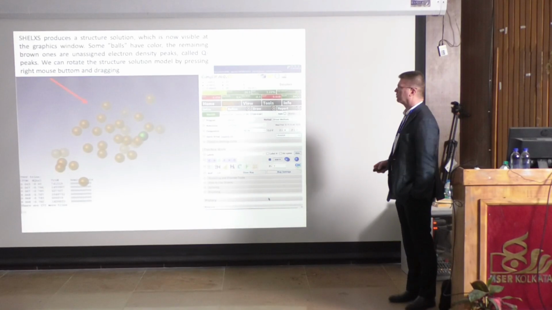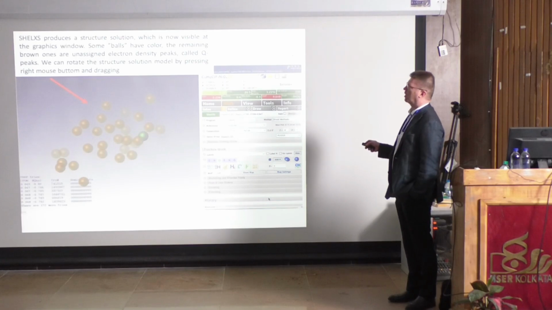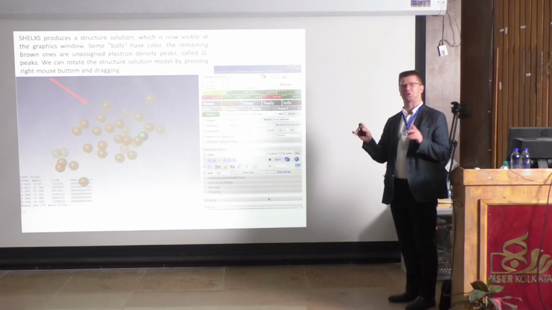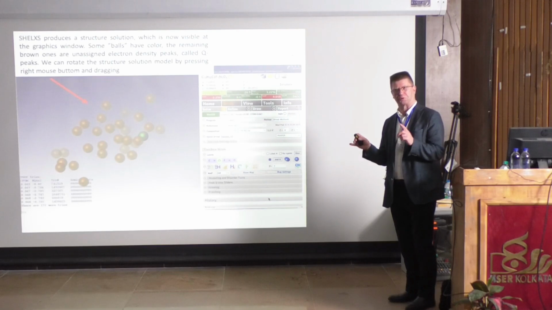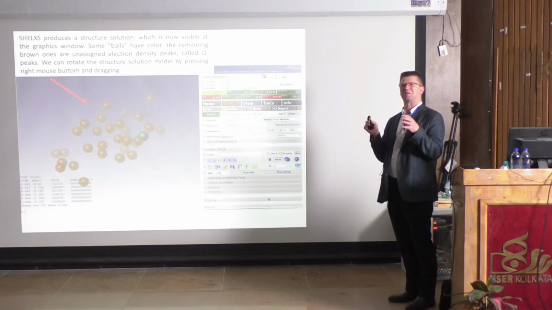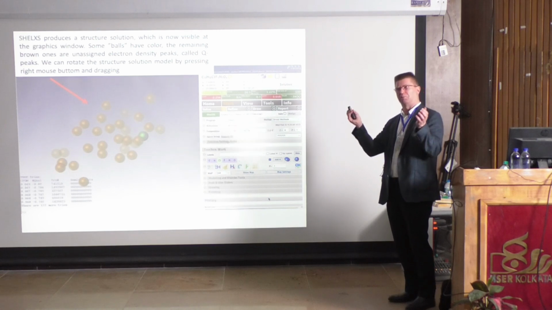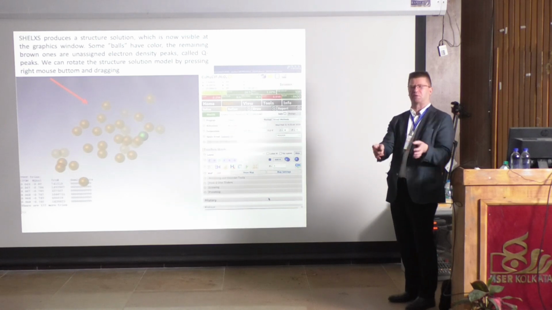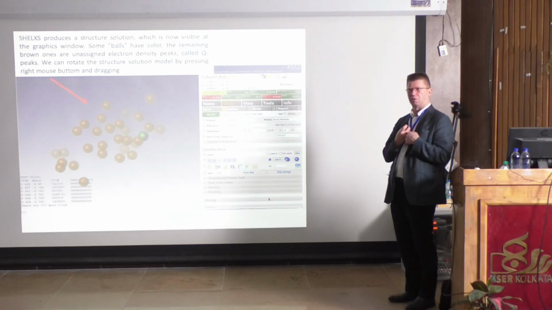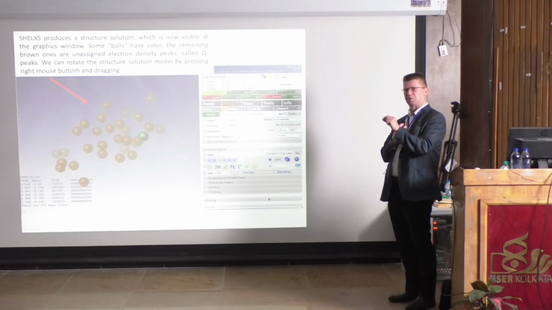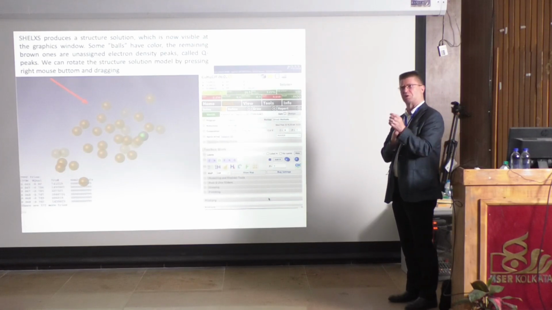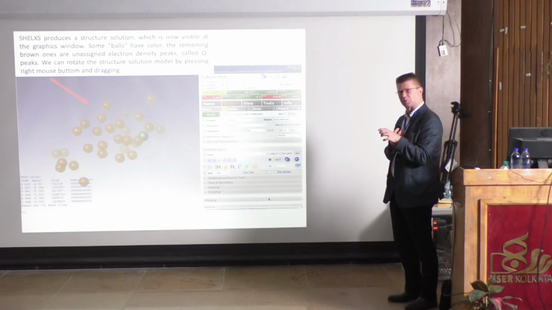So what happens? The Olex program produces what we call the structure solution. This is not the structure, this is a structure solution, this is a guess. The program made a guess for the phases, and based on these phases it puts up something, and now it's our idea to look, does it look reasonable? Was the guess for the phases mathematically close, so close that we can see a reasonable chemical structure?